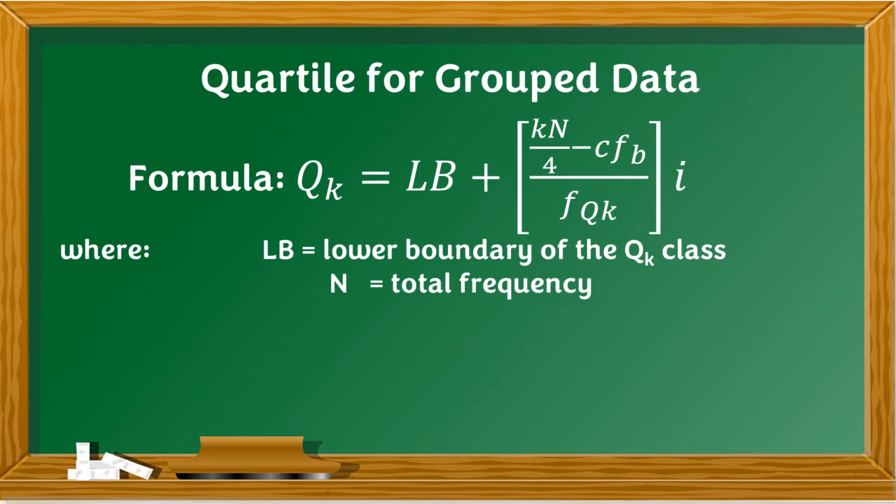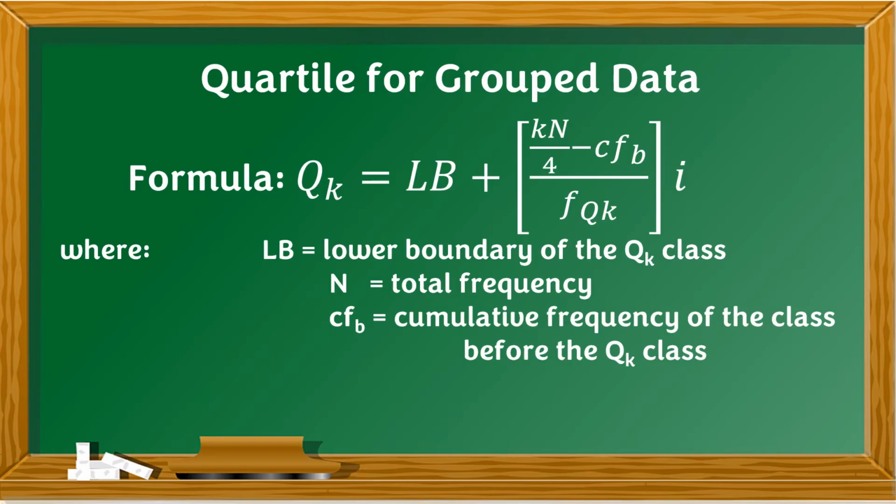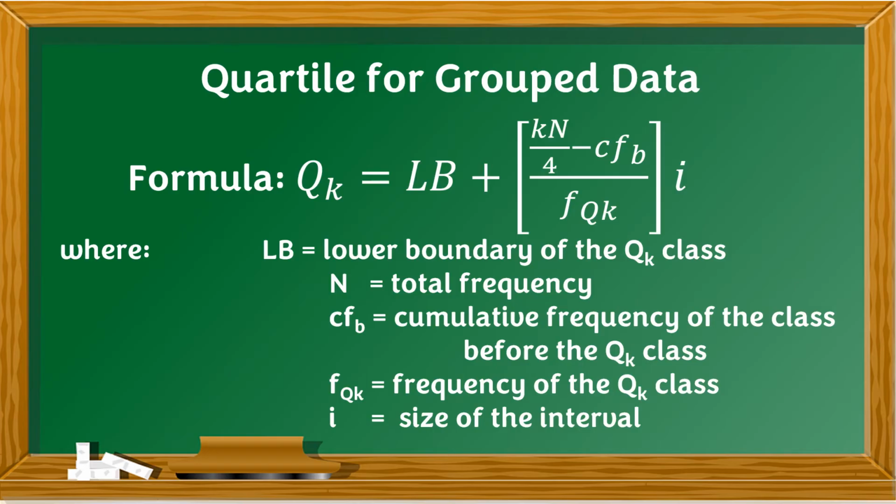N is the total number of frequency. CF sub B is the cumulative frequency of the class before the Q sub K class. F sub QK is equal to the frequency of the Q sub K class. And I is the size of the interval.